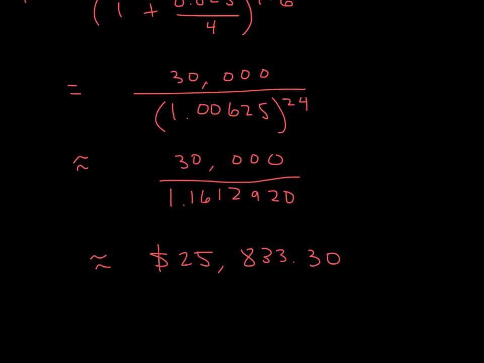So this is how much Sergio is going to need to invest today at 2.5% compounded quarterly to have $30,000 in 6 years.